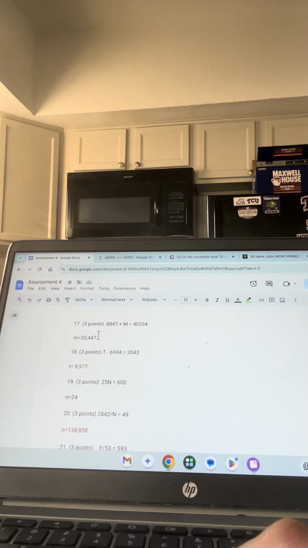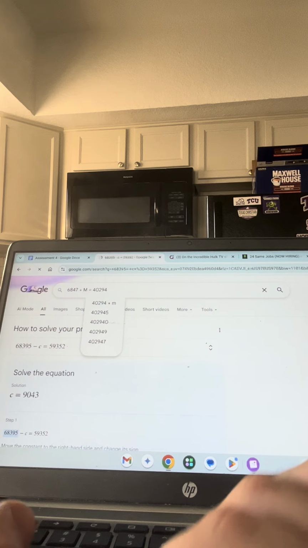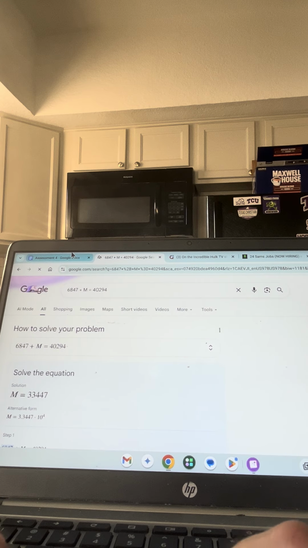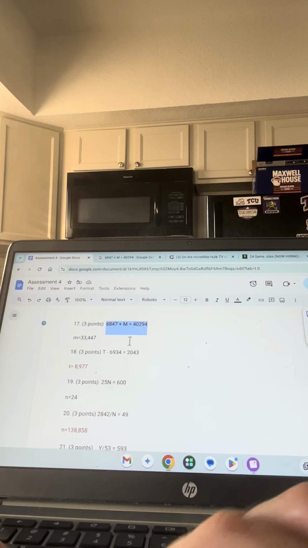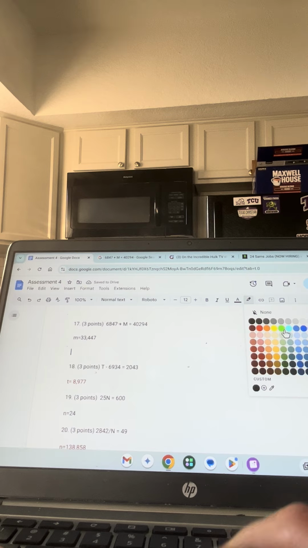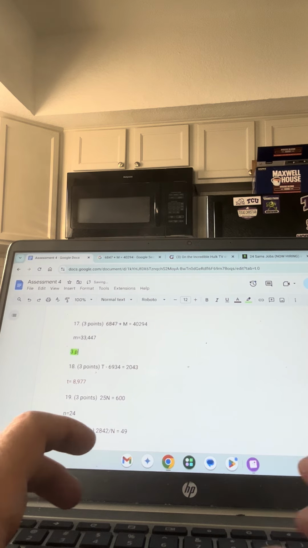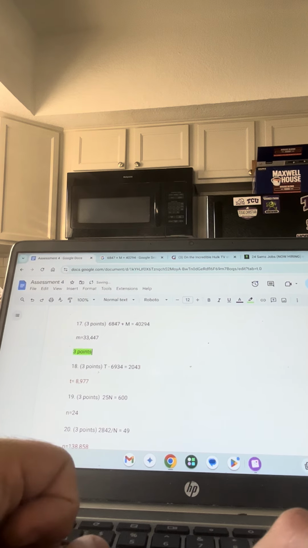Okay, let's see if this one's correct. M equals 33,447. That's correct. Good job. 3 points.